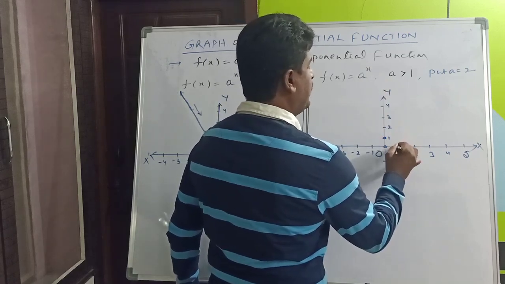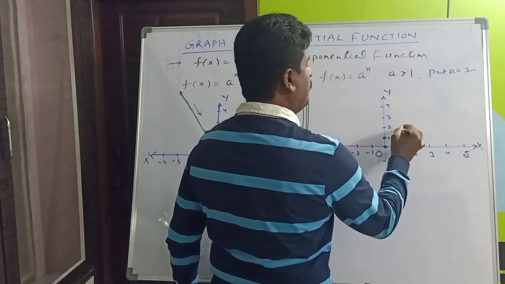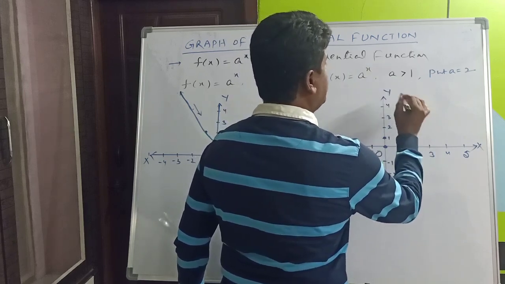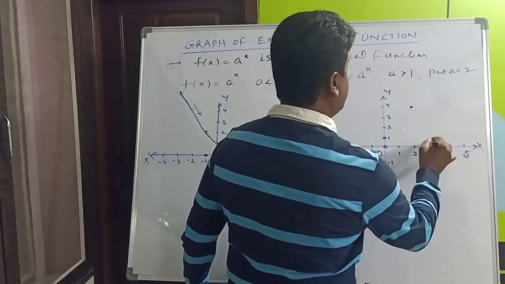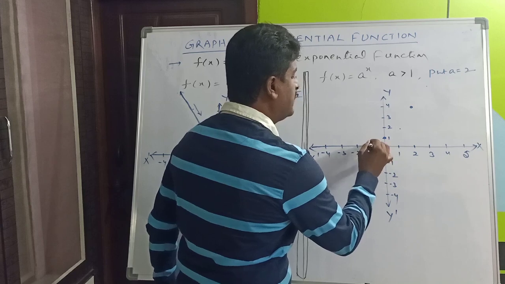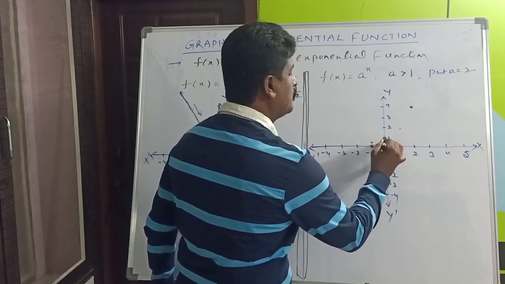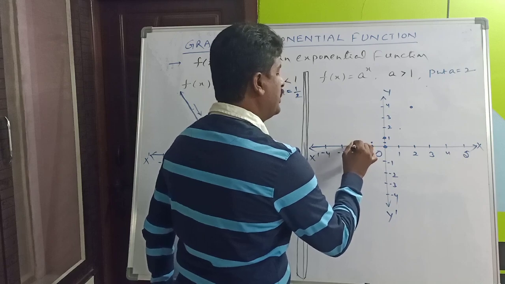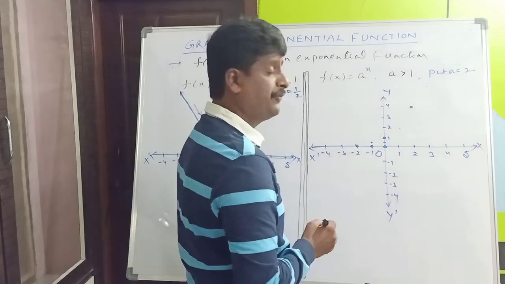For x equal to 1, 2 power 1 is 2. For x equal to 2, 2 square is 4. For x equal to 3, it is 8. For x equal to minus 1, it is 1 by 2. For x equal to minus 2, 2 power minus 2 means 1 by 4.